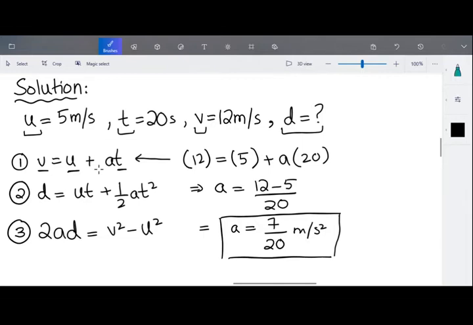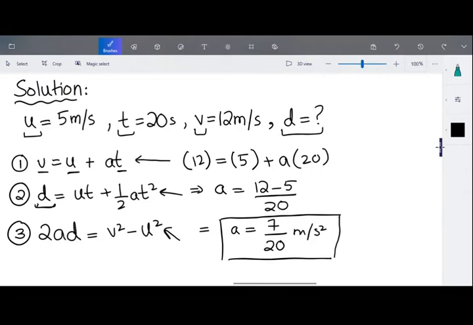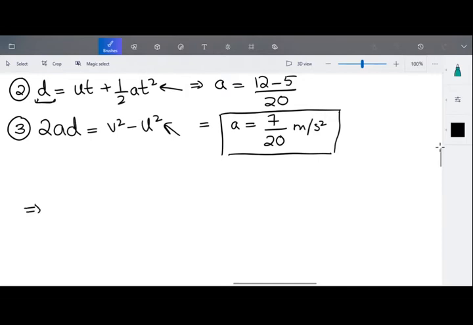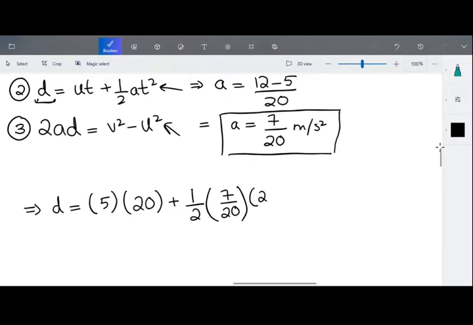Now that we know what a is going to be, we can use either the second or the third equations to find the displacement. Because now we have all of the knowns that we need to perform the calculation. So let's just use the second equation to solve this question over here. And in order to find the displacement, we'll need the initial velocity, which is 5, multiply that with the time, which is 20, and add half times the acceleration times the square of time.